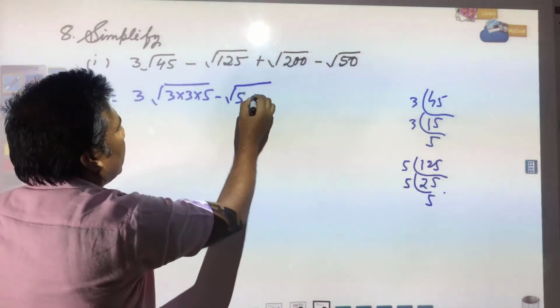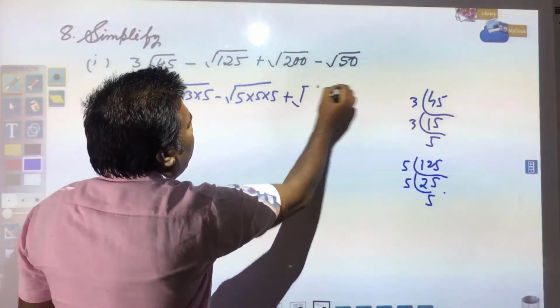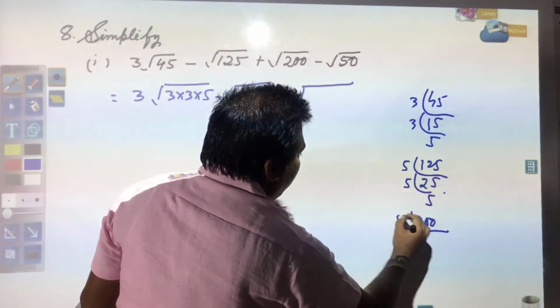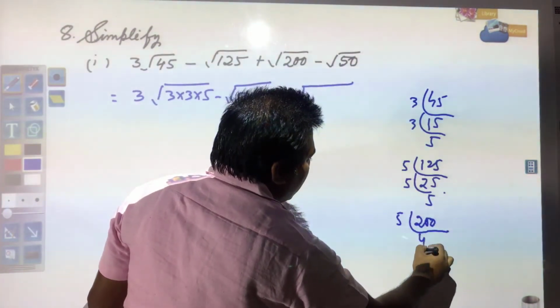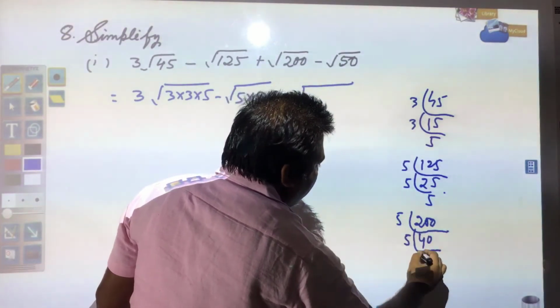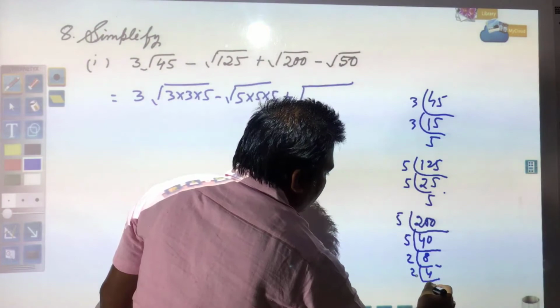It can be written as 5 into 5 into 5. Plus 200 can be written as 5 4s are 20, 5 0s are 0, 5 8s are 40, and 2 4s are 8, 2 2s are 8.